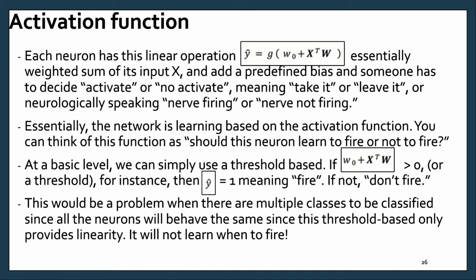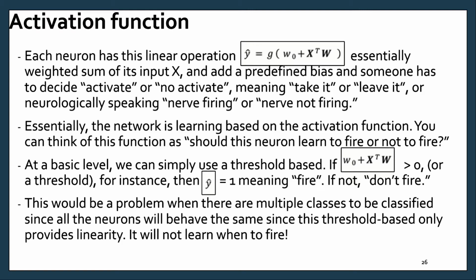At the basic level, we can simply use a threshold base: if the weight times the input x is greater than 0, or a threshold, for instance, you have the y hat, one meaning fire. If not, don't fire.